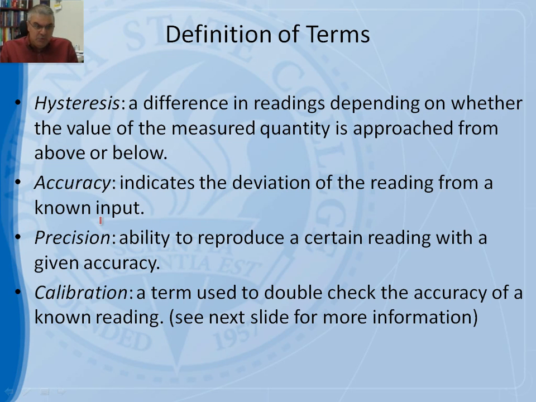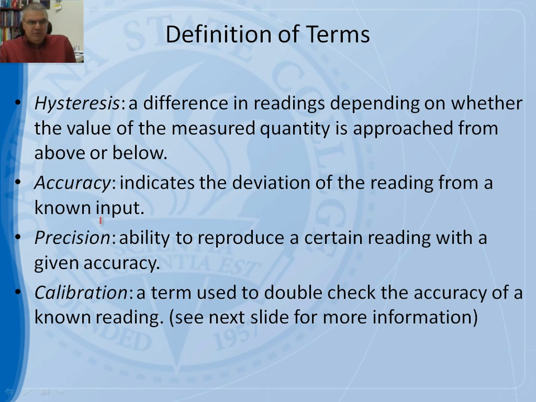Precision is the ability to reproduce a certain reading with a given accuracy, which may be somewhat different than 100% accuracy. Even though the accuracy of the original reading may not be 100%, if we have the ability to reproduce that value with a given accuracy, then we say that it is precise and precision was met.